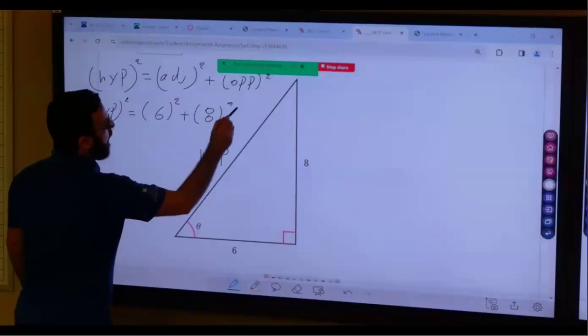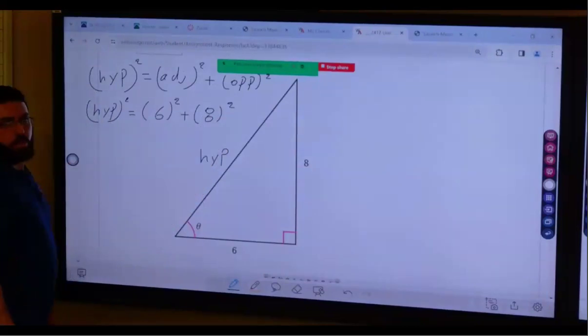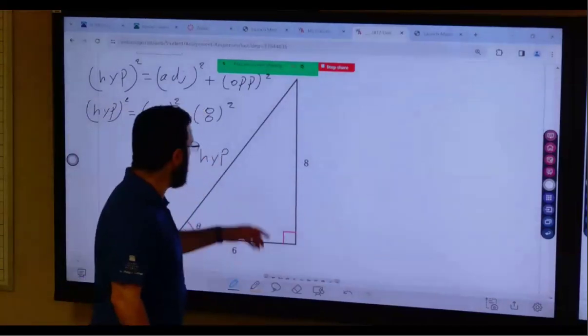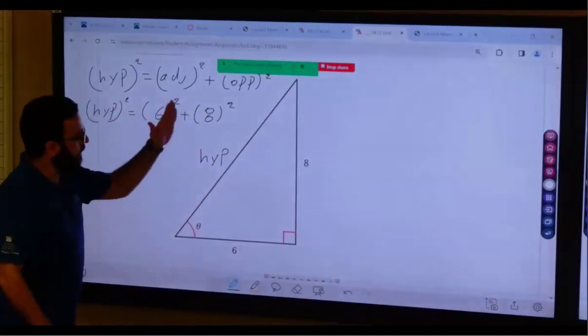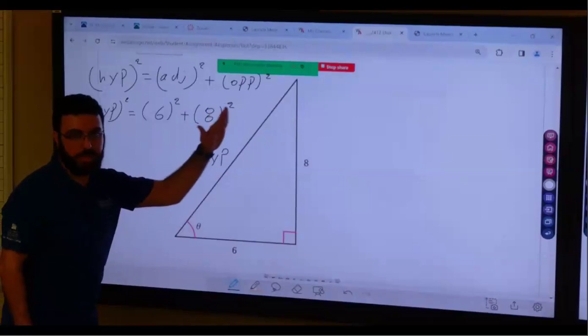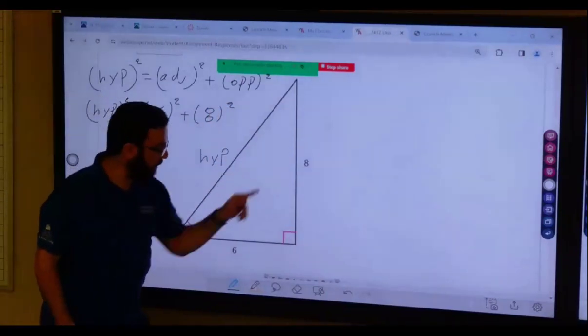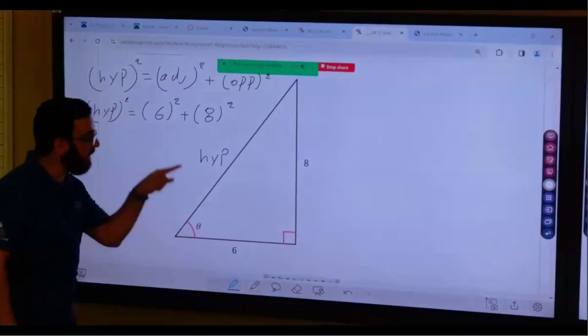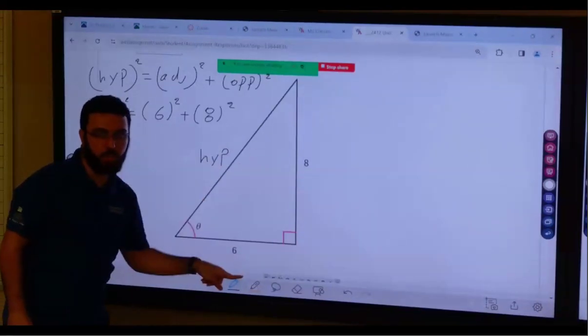If the numbers are split differently, you do the same. It's a rule: this side always equals this one plus this one. It doesn't matter if it's left or right. The main thing is this side equals this one plus this one.